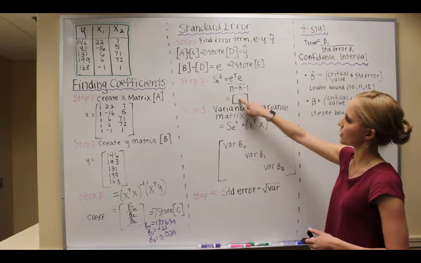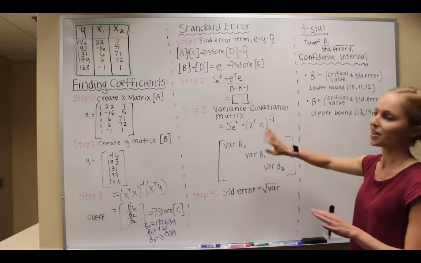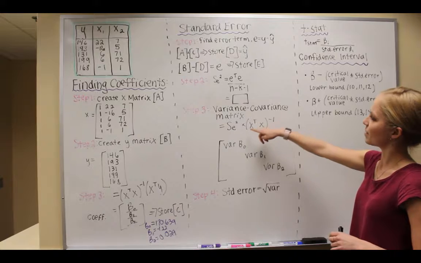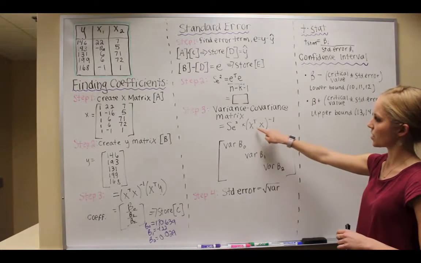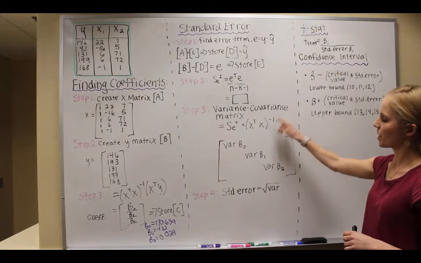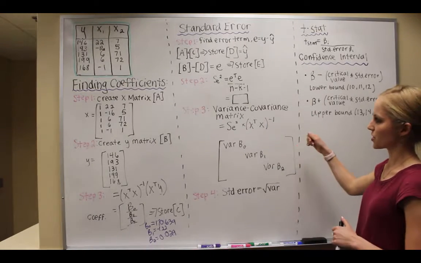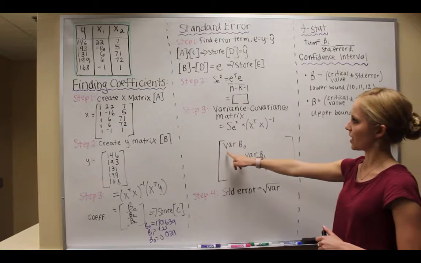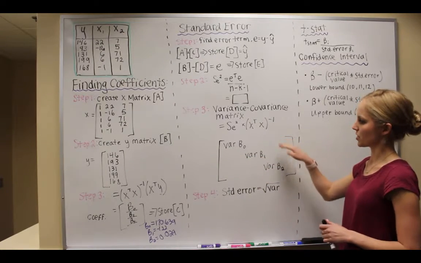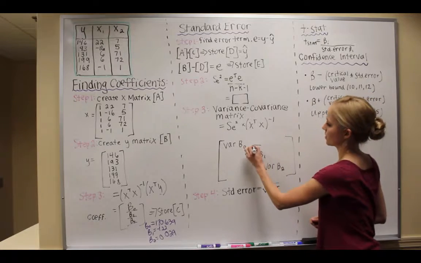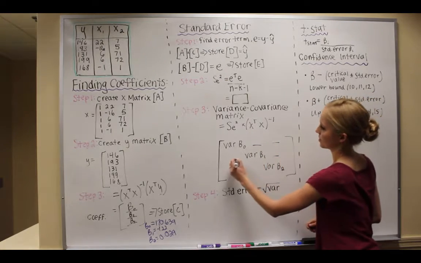This will give you a value, just one value, so no more matrix outputs. And you'll be multiplying that value by the quantity x transpose x inverse. If you hit enter, which I'll show you in a bit, you'll get a variance-covariance matrix. In this variance-covariance matrix, you'll be getting values here and here.